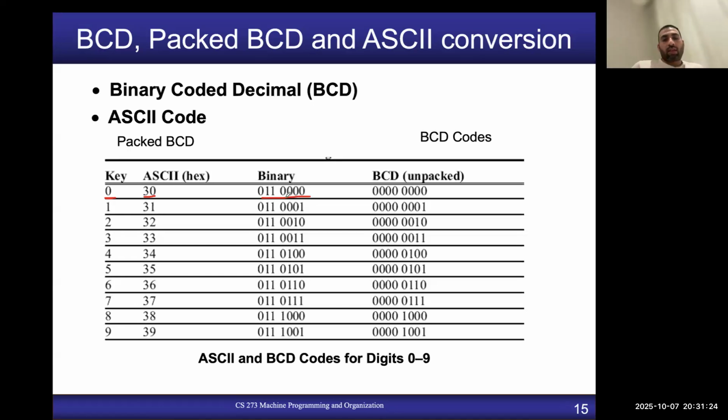Now BCD coding is a different way of coding the characters, right? For example, when you want to encode the character 0, what you do is simply create the 8-bit binary of that number.